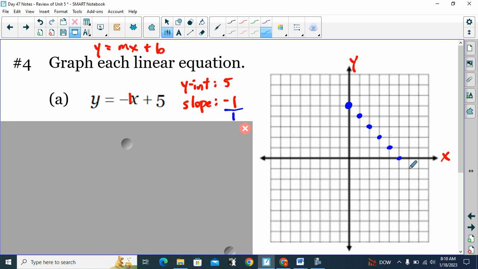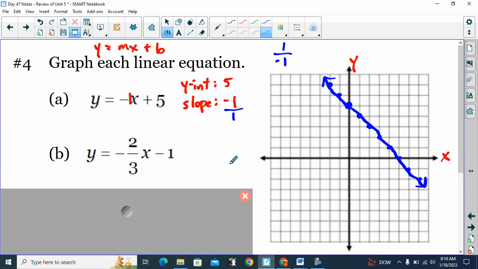Down 1 over 1. If I need other points over here, I can also go up 1 and left 1, and that's on the same line. Notice up 1, run of -1, left 1, that's also -1. And I've got a whole bunch of points. We should be able to graph our line.